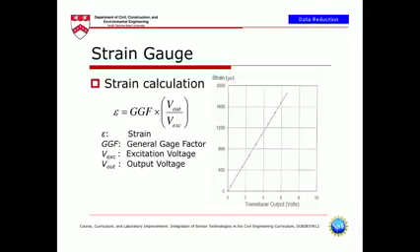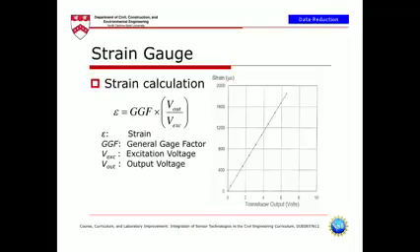In a strain gauge we give the excitation voltage and measure the output voltage. By dividing the output voltage by the excitation voltage and multiplying by the general gauge factor GGF, we get the strain.